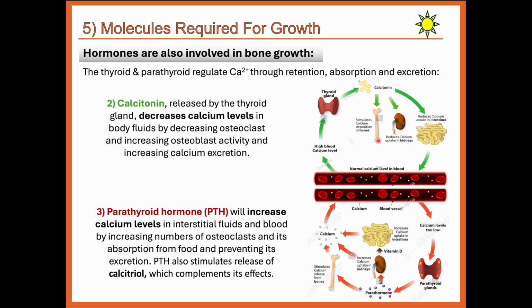It'll deposit it more in your bones to keep it in storage, right? If you have low calcium, parathyroid, which is 4 little glands at the back of your thyroid, they will release parathyroid hormone, PTH, which will stimulate the osteoclast to start chewing the inside of the bone, and that will release calcium into the blood, right?